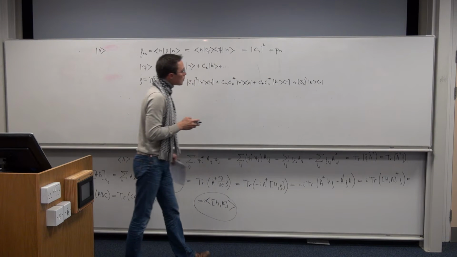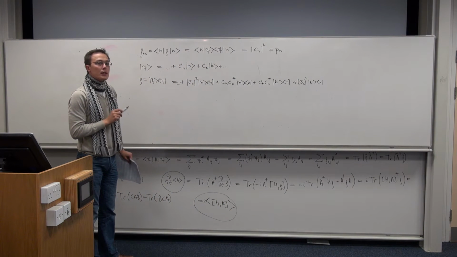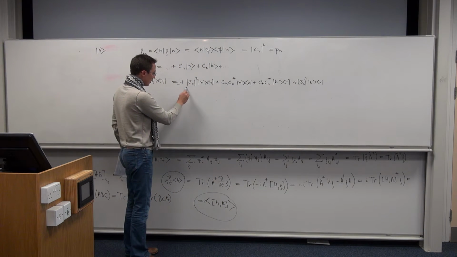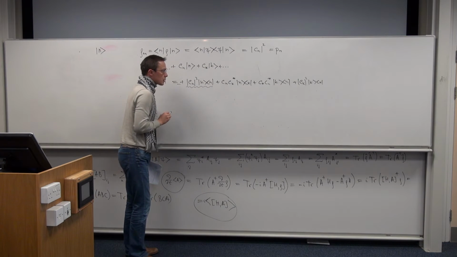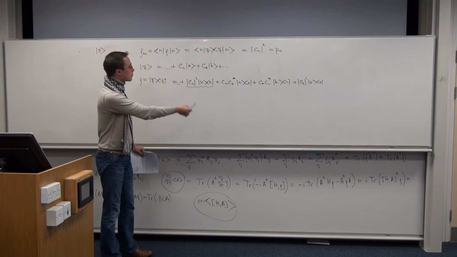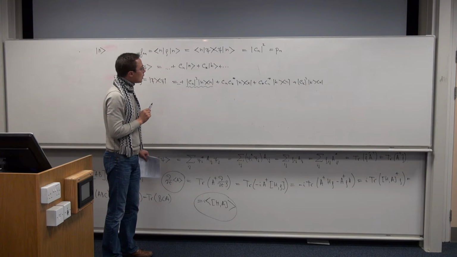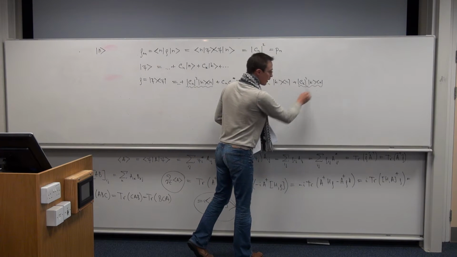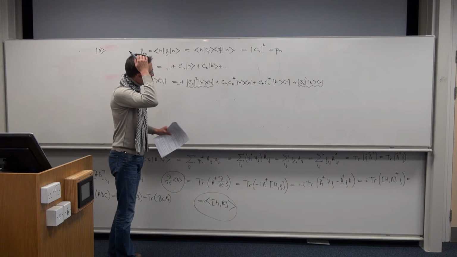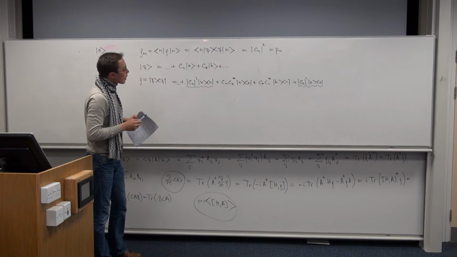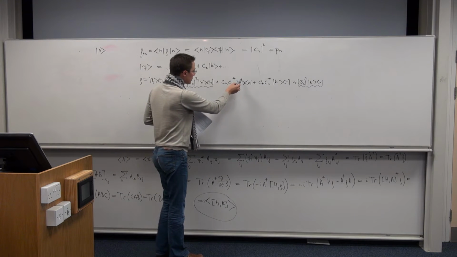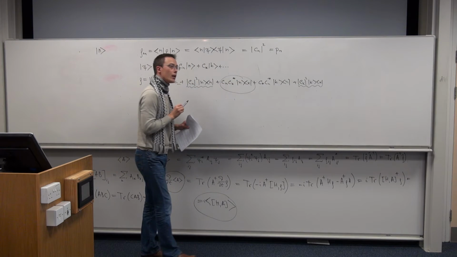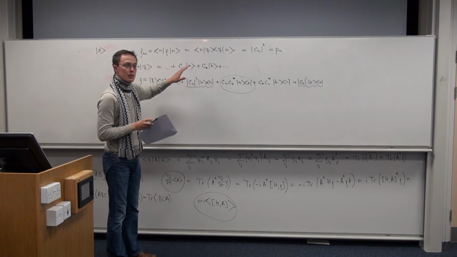So if the system was in a pure state, this would have been non-zero, and the rest would be 0, if it were only in the state n. If it were only in the state k, then this would have been non-zero, and the rest would have been 0. Those are probabilities. However, these terms only appear if the system is in a mixed state.